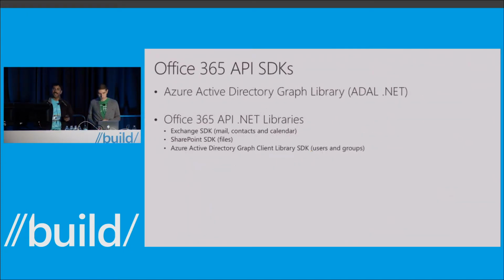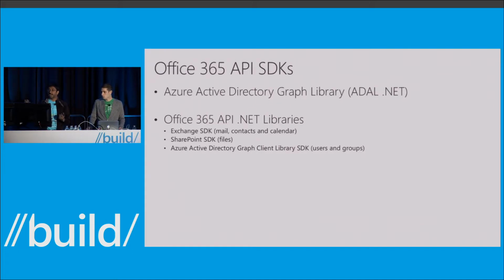So for authenticating, we wanted to make it really simple, not go and tinker around with what is this protocol, what is that protocol. So luckily we have a library called the Azure Active Directory Authentication Library, ADAL.NET, that will help you authenticate with Azure AD resources and supports everything.